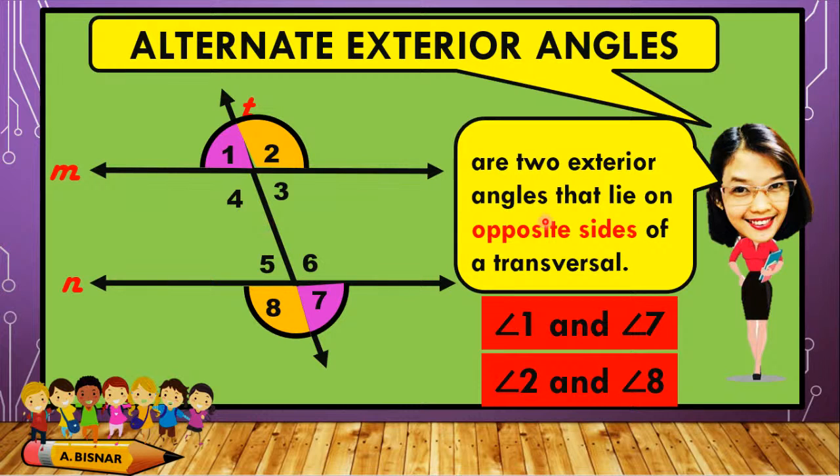You just have to remember that they are always on opposite sides. And kapag interior, yung nasa loob. Kapag exterior, yung nasa labas. So, very good kayong lahat dyan because all your answers are correct.